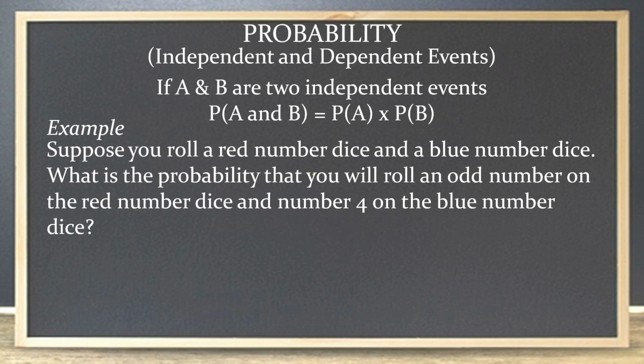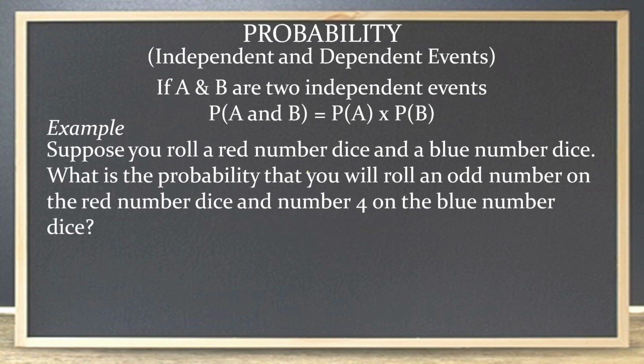Rolling these two dice, you come to realize that the occurrence of any of the numbers on the red number dice does not in any way affect the event on any of the numbers on the blue number dice. Since they do not affect one another, they are independent events.